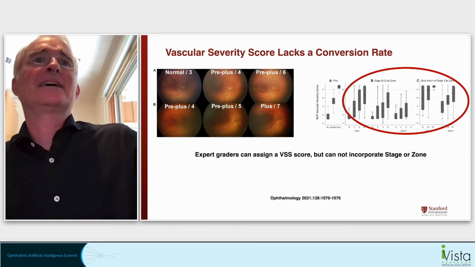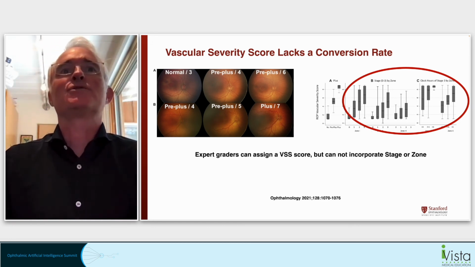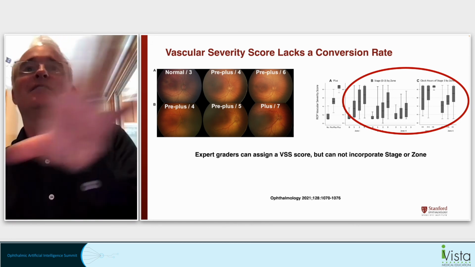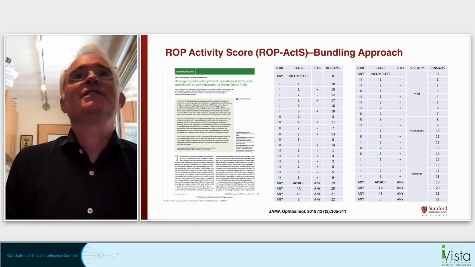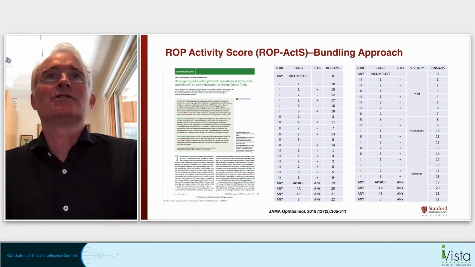So an expert can't really come up with the same score for the totality of the prediction that the VSS can. The ROP activity score takes a bundled approach to this.